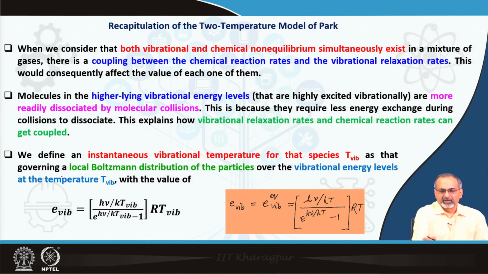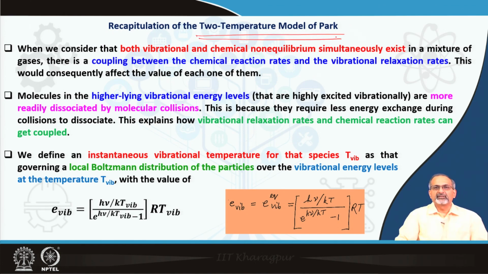And then we recall the two temperature model of Park, which we were discussing towards the end of the previous lecture, because this is the most effective way of coupling the interaction between the non-equilibrium chemistry and the vibrational aspects.